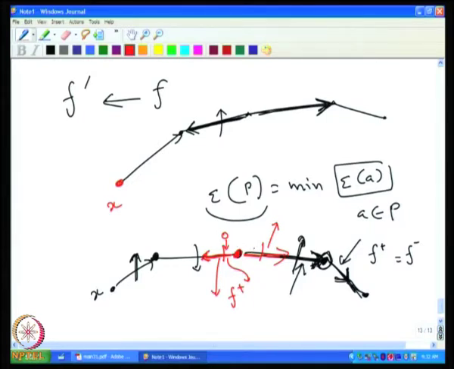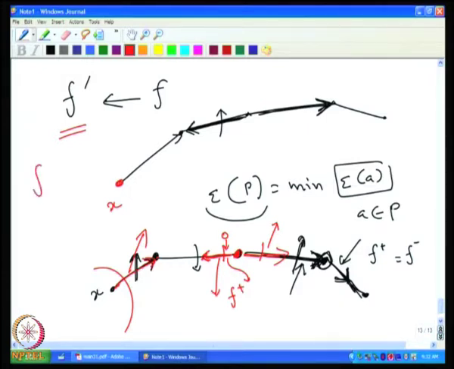So if we construct a flow f dash like this, it will still again be a flow, and not only that, it has increased value. Why is it so? If you look at x, as far as this edge is concerned, it has got an increment if it is an outgoing edge. If it is an incoming edge, then it is reduced there.